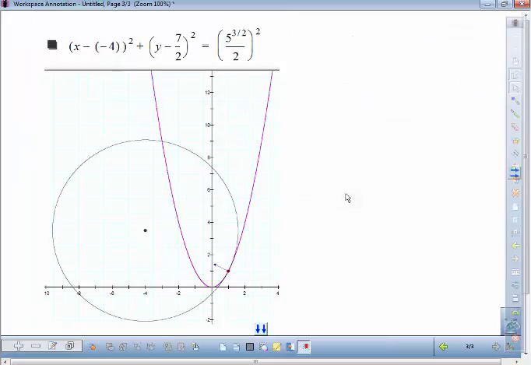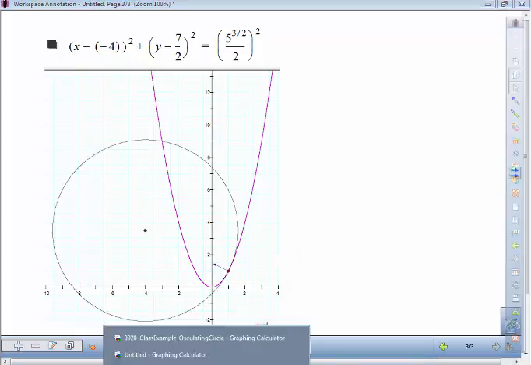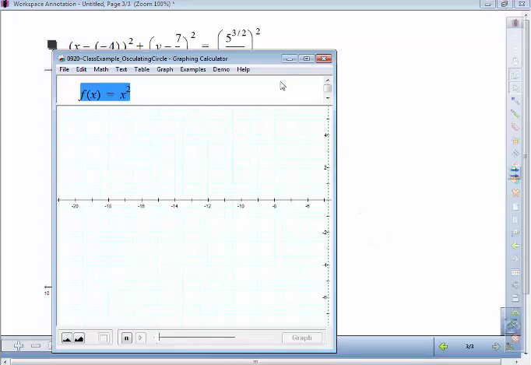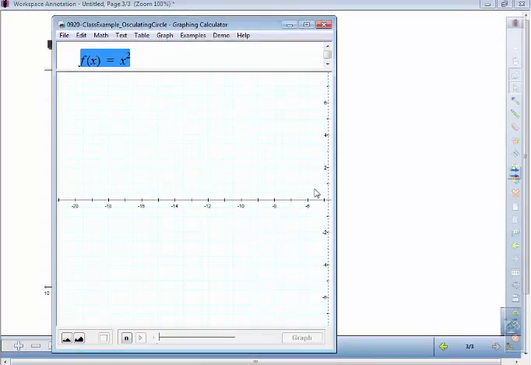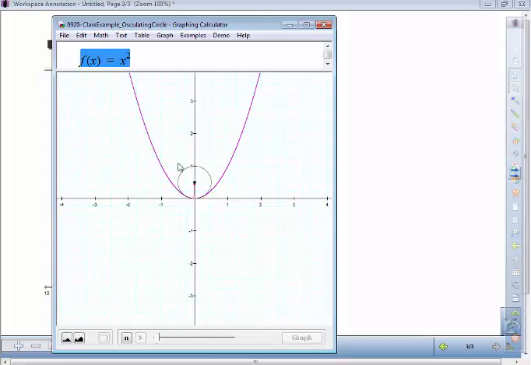So after class yesterday, I was kind of excited and thought, hey, this is kind of cool, tangent circles. So I wrote an example where we can actually follow through a tangent circle as we change the point that we're on.